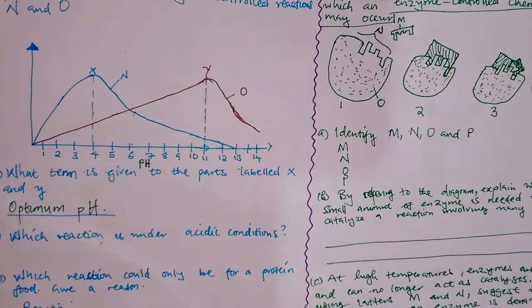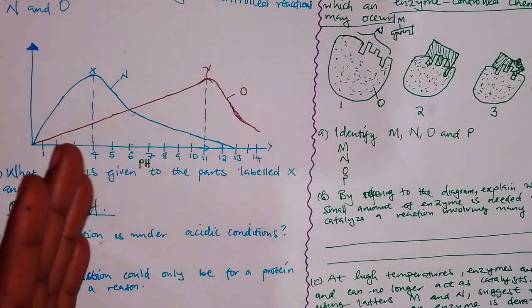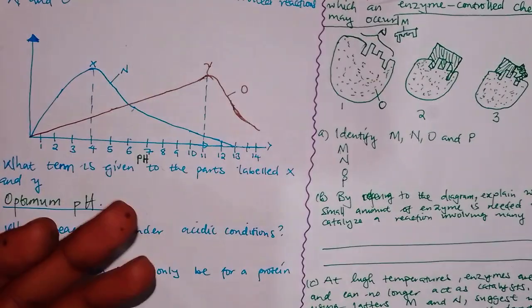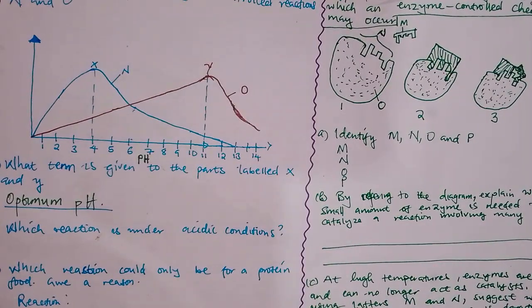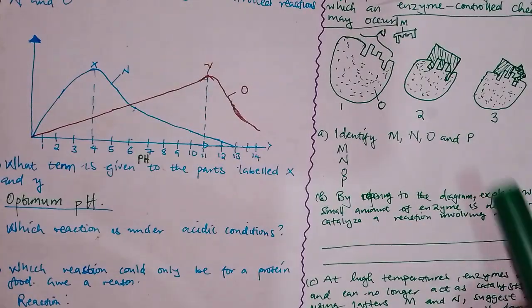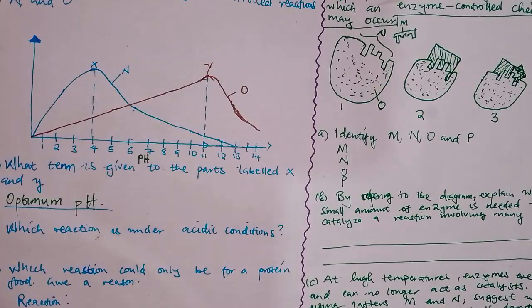Then the second question is saying which reaction is under acidic condition. Remember I told you that the pH is divided into two. We have 1 to 6, which is acidic, 8 to 14, which is basic. So in our case, if you look at X and Y, you will see the optimum.